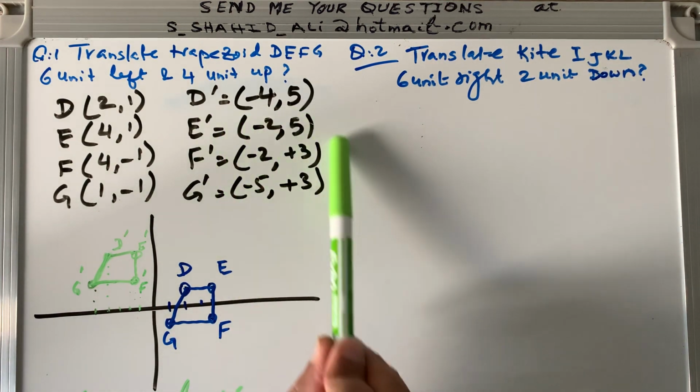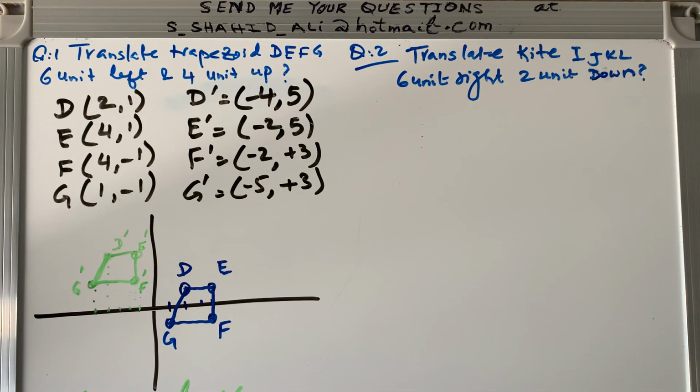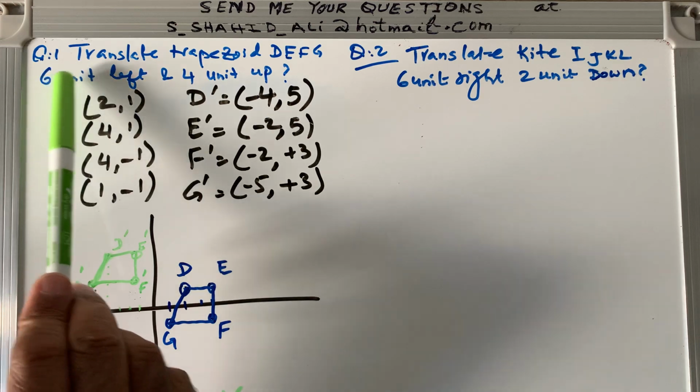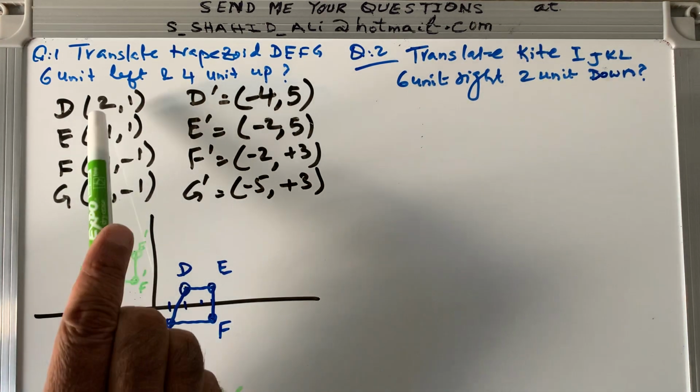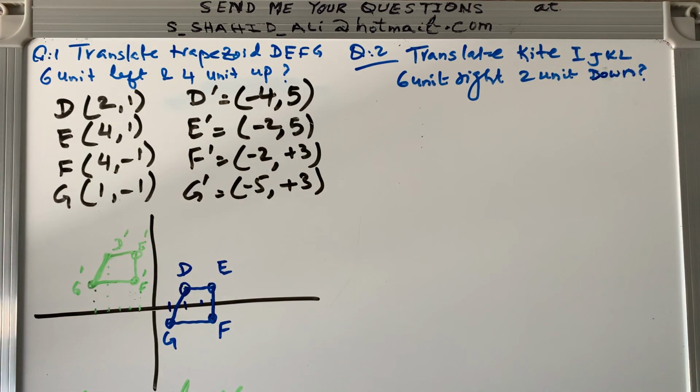The same question sometimes comes up like that where you are only given D and D dash and you are not given the 6 units left and 4 units up. So from the first D and D dash you can figure out what your left and right translation is. How?